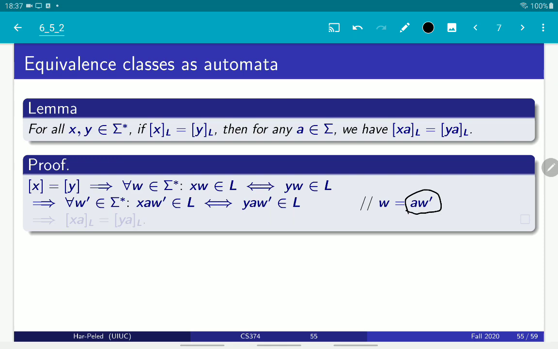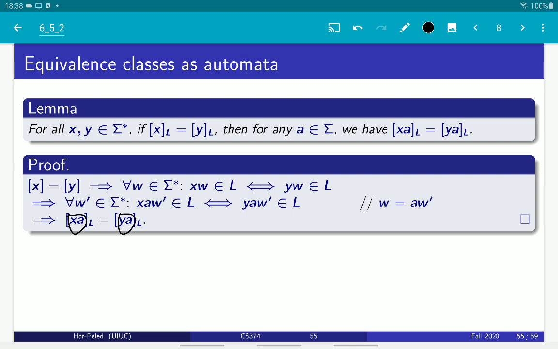I'm allowed to do that, right? So this implies that for every string w prime, x a w prime is in L if and only if y a w prime is in L. This is a restriction of what's written above, so we know this is true. But that, of course, implies that xa and ya are equivalent under L.